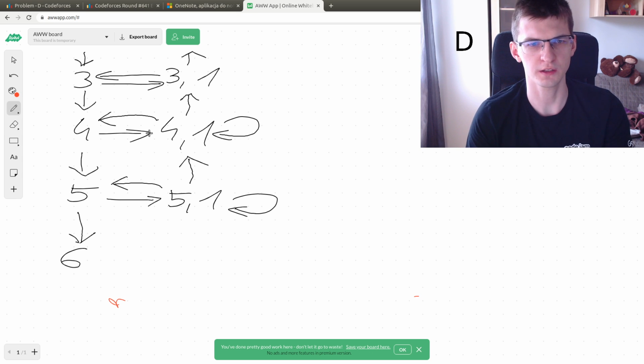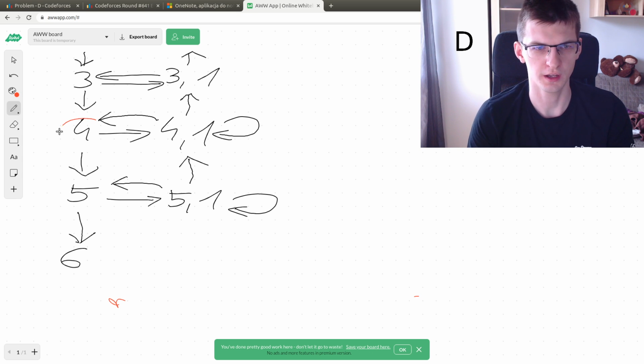From 4,1 you can get to 4, and either you will get back immediately or you will move to 5. And from 5, the fact that you will move like that, it can only move you to itself or to 5,1 or anywhere else.